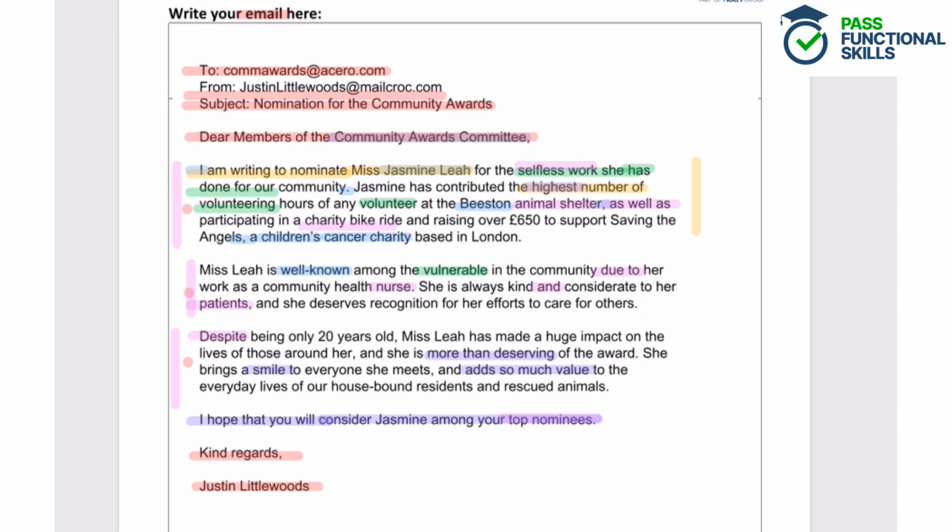You should also use complicated sentences in your answers with multiple ideas contained within them. So a good example of this is: Jasmine has contributed the highest number of volunteering hours of any volunteer at the Beasts and Animal Shelter, as well as participating in a charity bike ride and raising over £650 to support Saving the Angels, a children's cancer charity based in London.